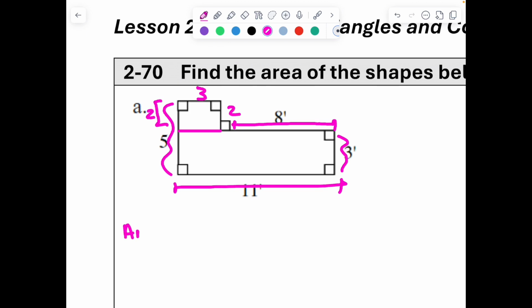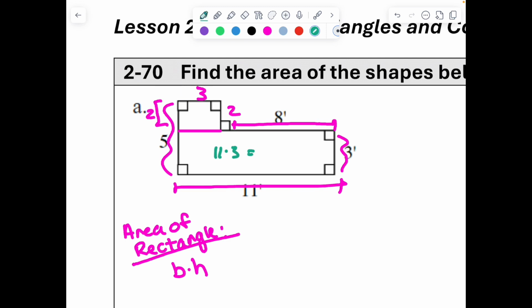Now, in order to find the area of a rectangle or any square, you're simply going to multiply the base times the height, or one side times the other. So for this rectangle, the longer one, 11 times 3 is 33. And then 3 times 2 is 6.